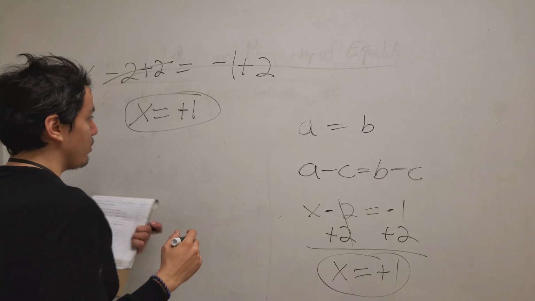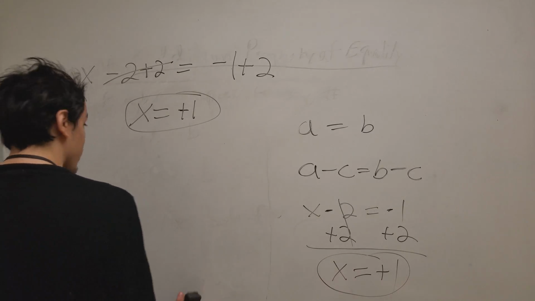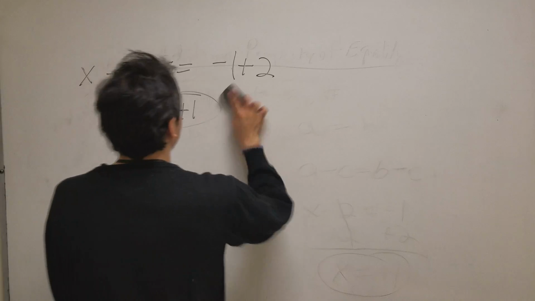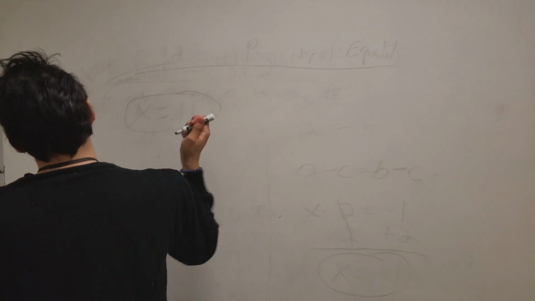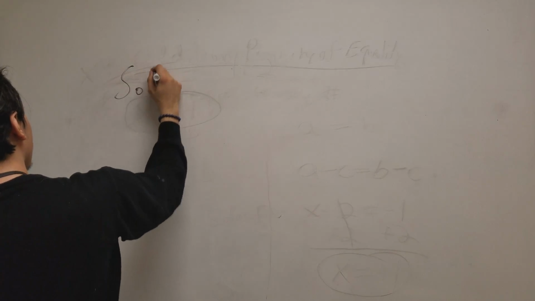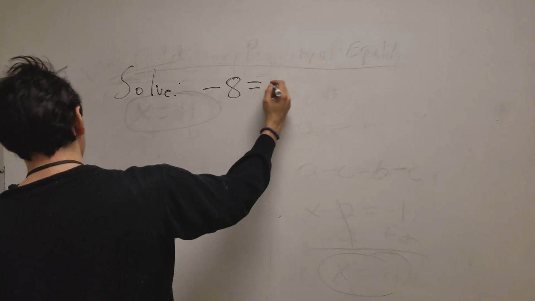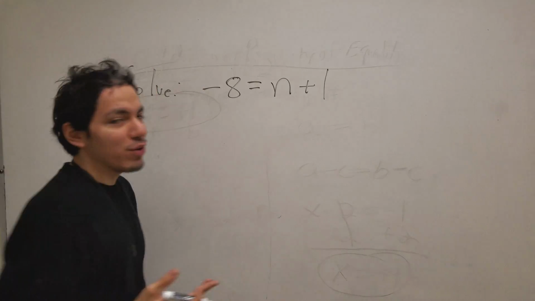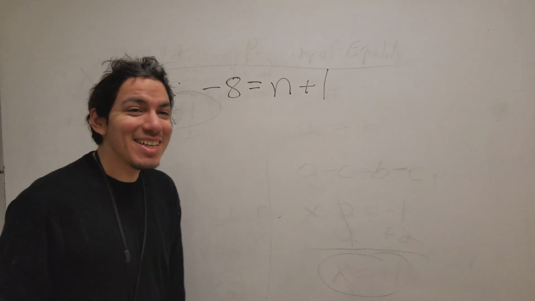Let's do one more example. Okay, now let's say this question says solve minus 8 equals n plus 1. Now, some of you are already freaking out. Oh my god, n's there. What do I do with n?